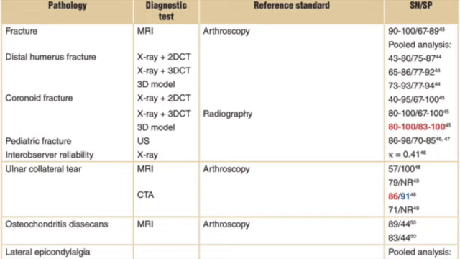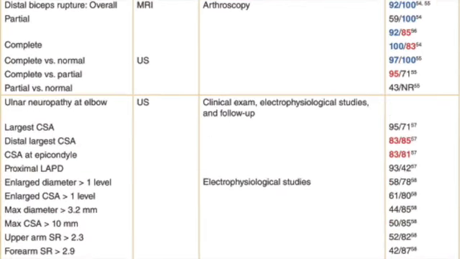Obviously, we want to map this decision making tree onto the ACR criteria as well. And when we make decisions on what's going to be our first, secondary imaging choices, we also want to make sure that we understand why each of these choices of imaging modality are appropriate. So go back to anatomy, think about things like where the ulnar nerve is located in reference to the skin or in reference to other structures.